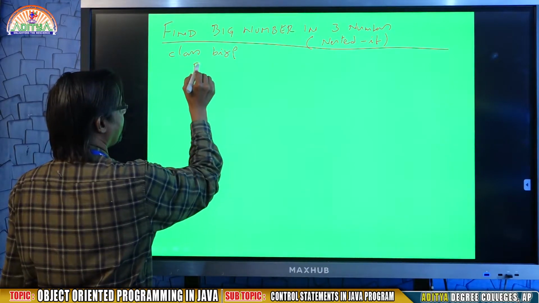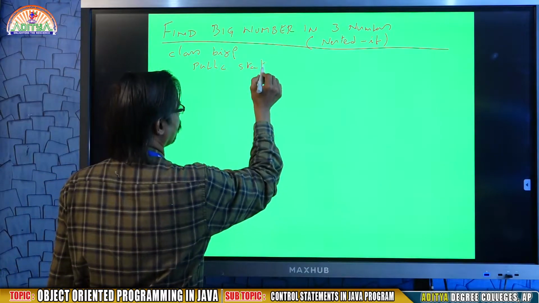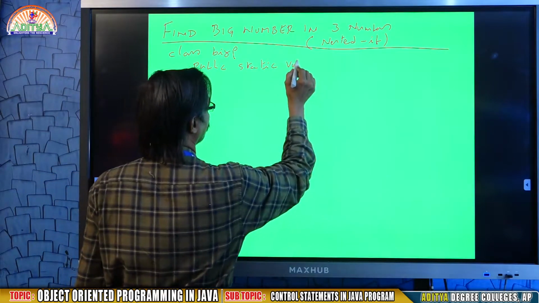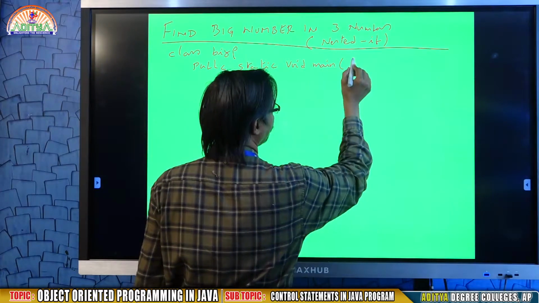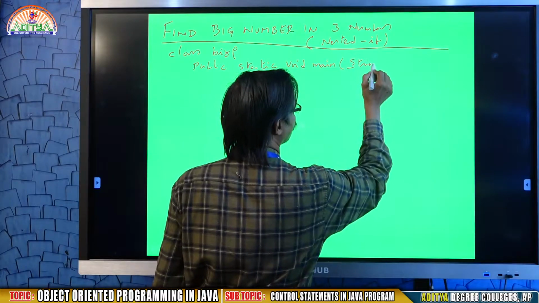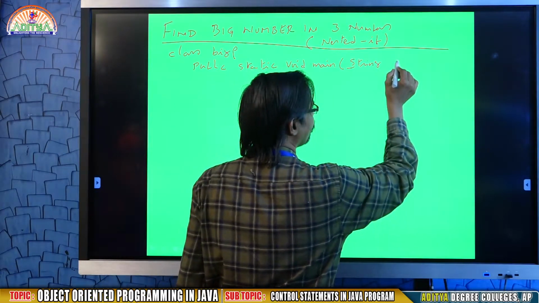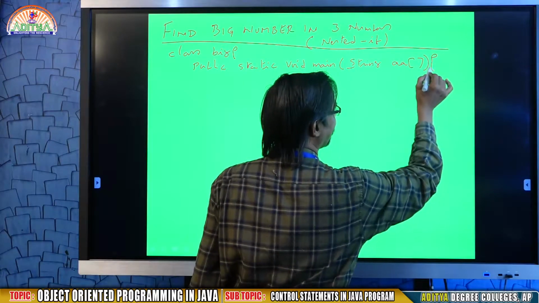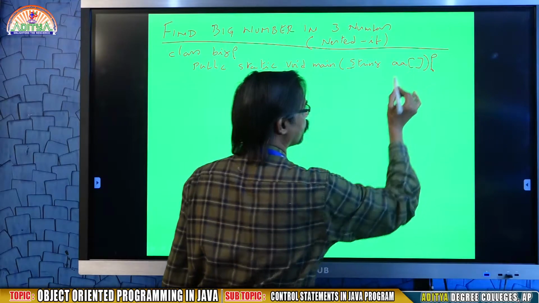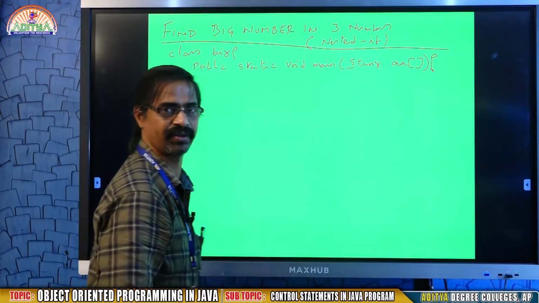Followed by public static void main, with arguments String args. No need to always write args, you may write any name, but it must be an array. So public static void main string args.